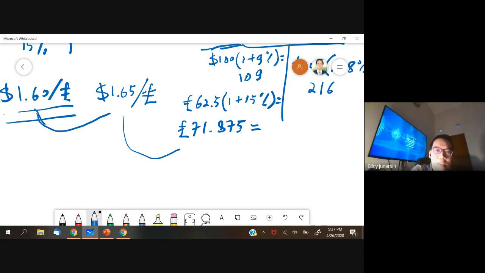And again, see, we know the quote here, dollar per pound, and we know the amount of pounds. So they are the same at the back, right? The currencies are the same at the back, right? The UK pound. So we multiply them times 165.